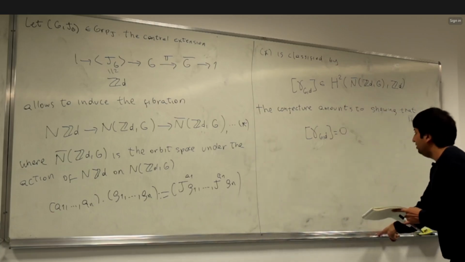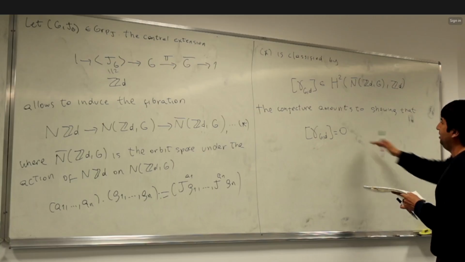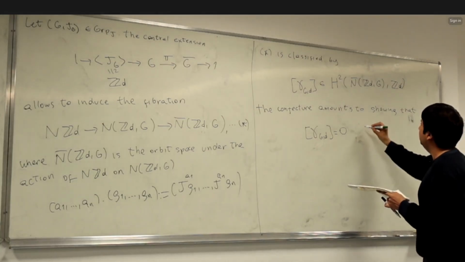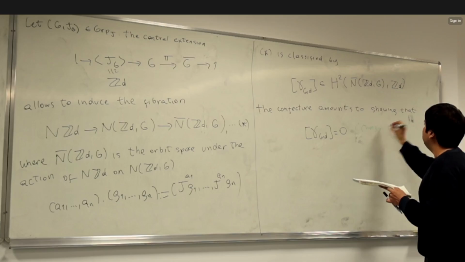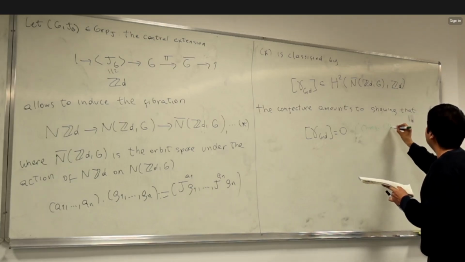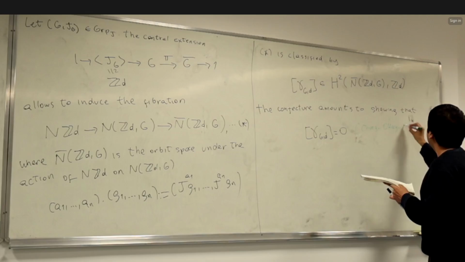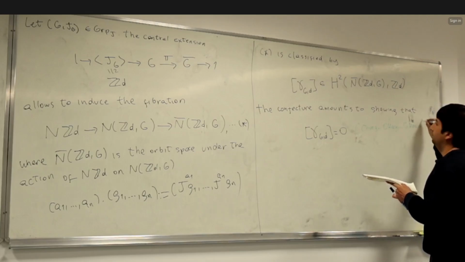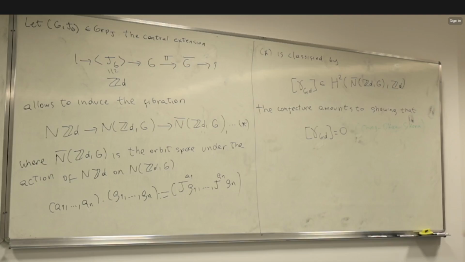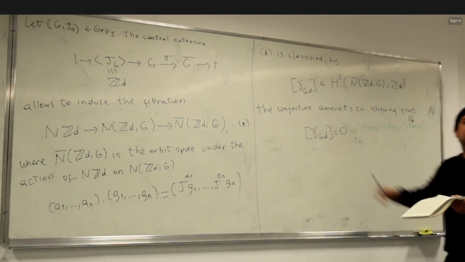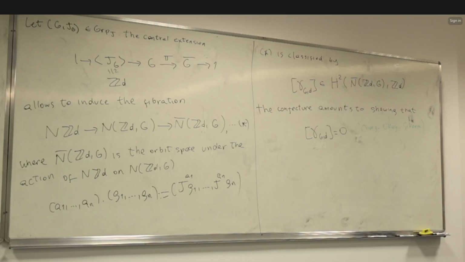Well, this is not precisely evident or direct. So this is essentially a proposition by Chung-Okay-Sikora. Okay, so we are trying to show the vanishing of a cohomology class. That's the conjecture, in fact.